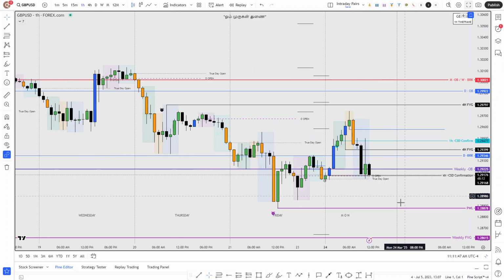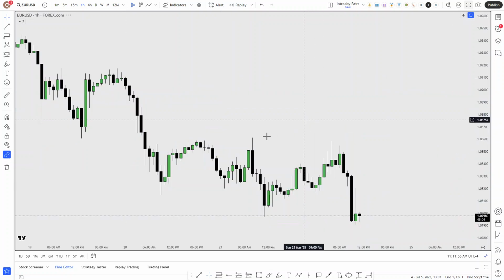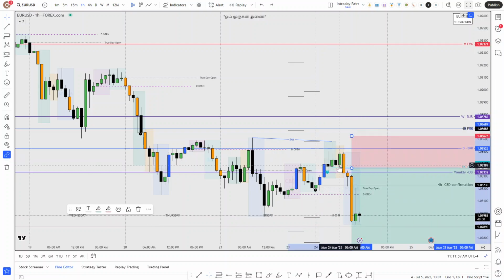Why? Because in Euro, it was the first candle which poked the daily bearish breaker, and then it formed a 1 hour CSG. You see here, this is the same candle which poked this daily bearish breaker, and here itself we were confirmed with the 1 hour CSG.